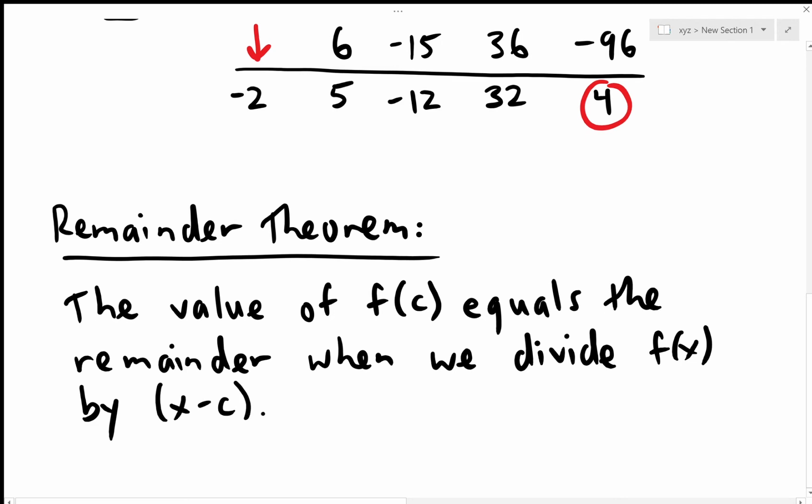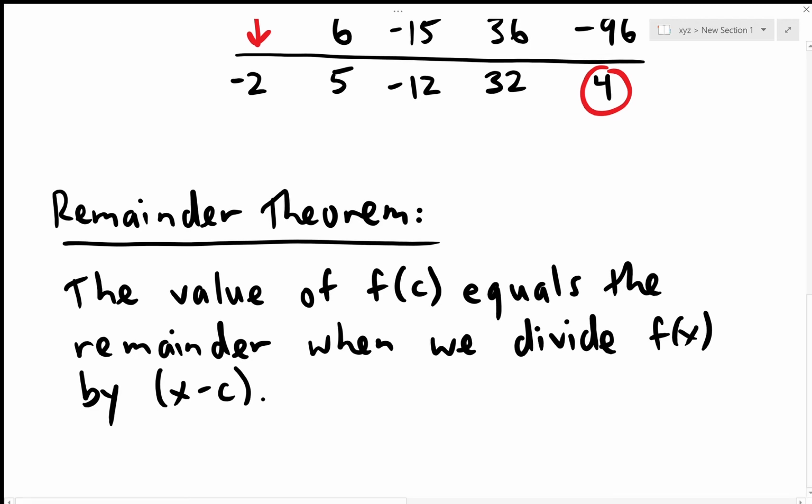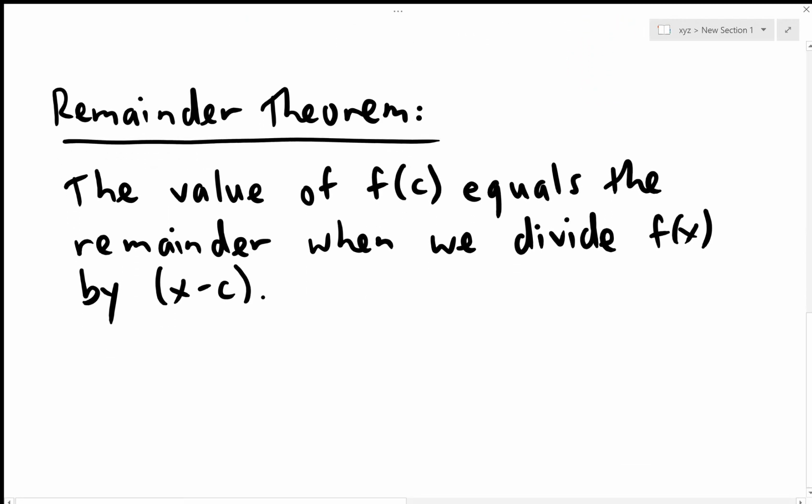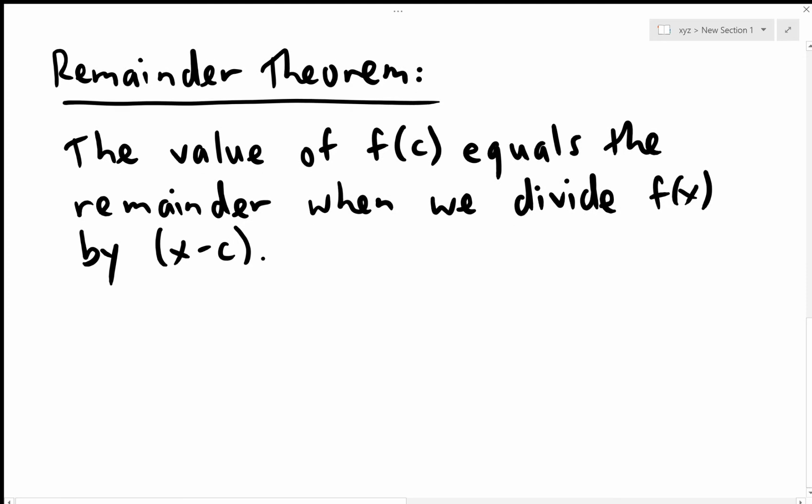So this is saying exactly what we just observed in the last example, that if I want to evaluate a function at a certain value of x, I could do that simply by doing synthetic division and looking at what the remainder is. What the remainder is equal to is going to be the value of the function at that point. So let's try some other examples like this.